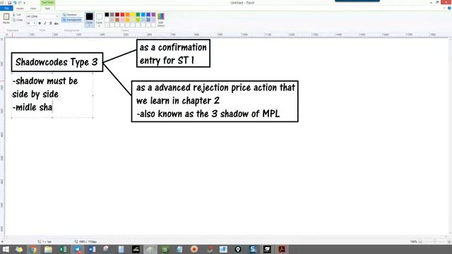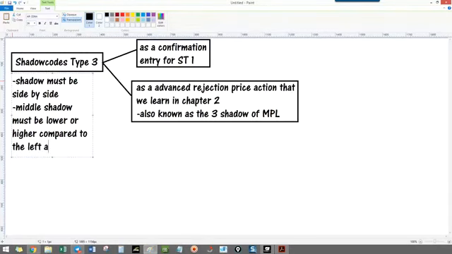Middle shadow must be lower or higher compared to the left and right shadow.